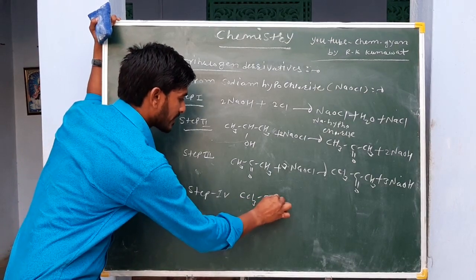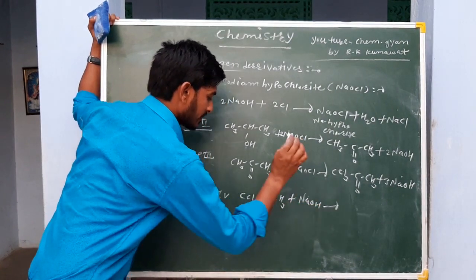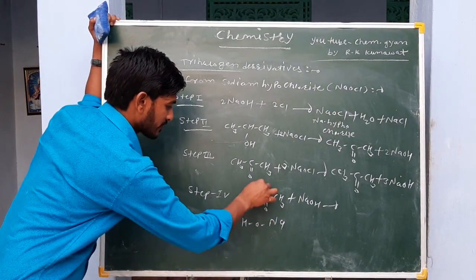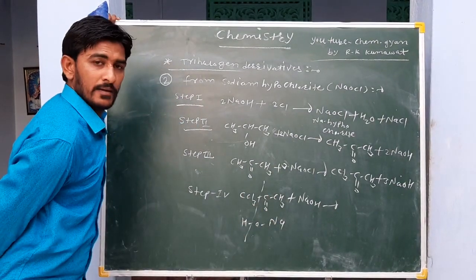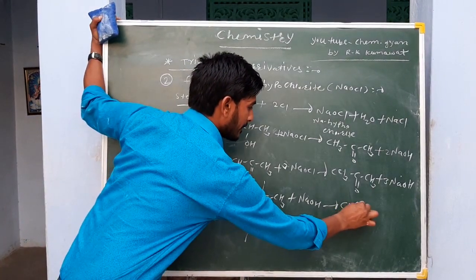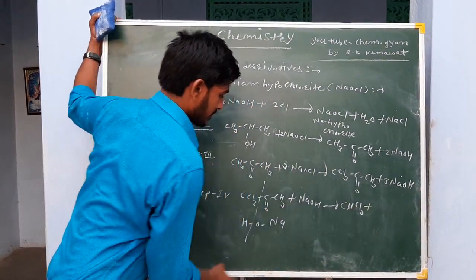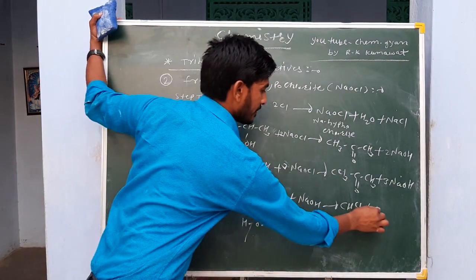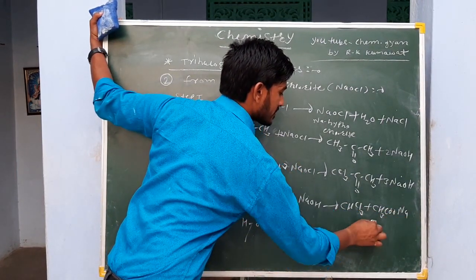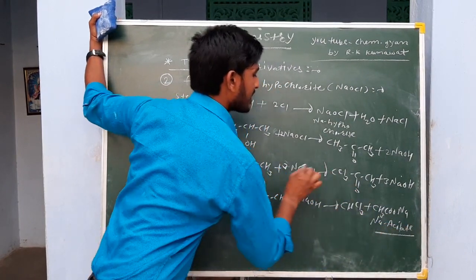Last step, step number 4: CCl3COCH3, trichloroacetone, reacts with NaOH or KOH and the bond dissociates in this way. The products are CHCl3, chloroform, and CH3COONa, sodium acetate.